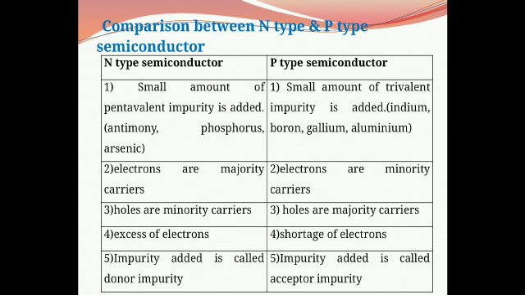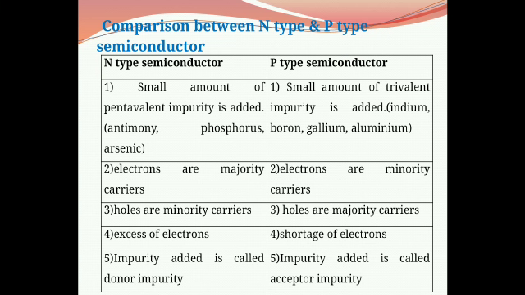Now we see the comparison between N-type and P-type semiconductors. On the left hand side N-type semiconductor, on the right hand side P-type semiconductor. In an N-type semiconductor, when a small amount of pentavalent impurity, that means an impurity having 5 valence electrons, is added, it is called an N-type semiconductor.